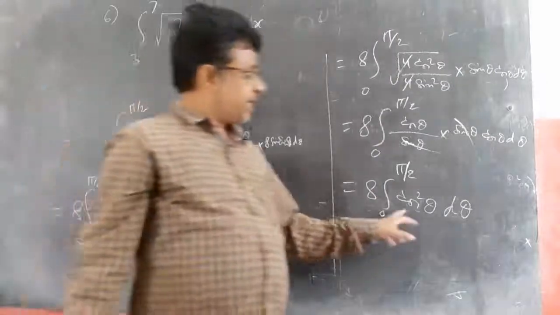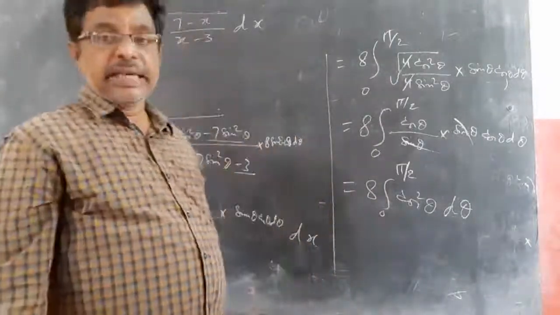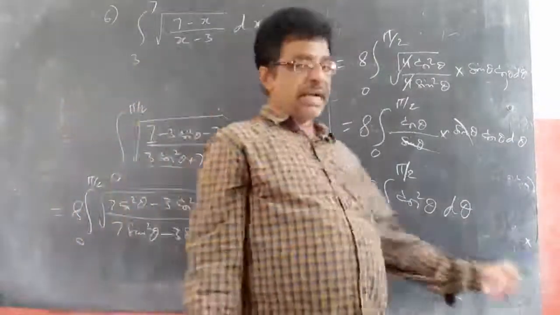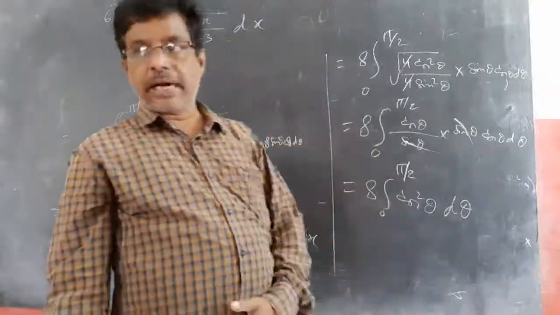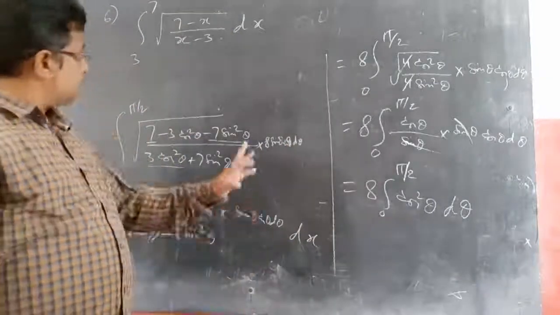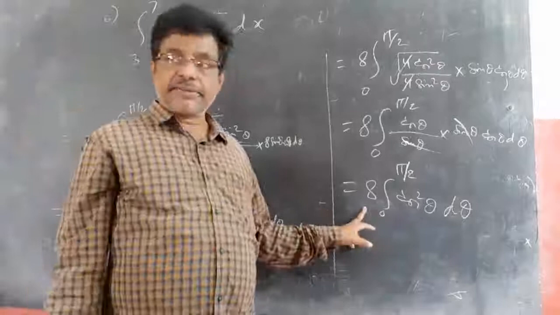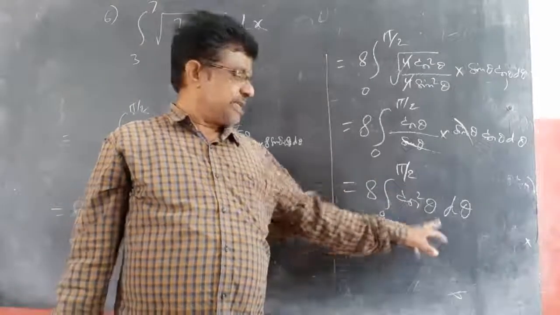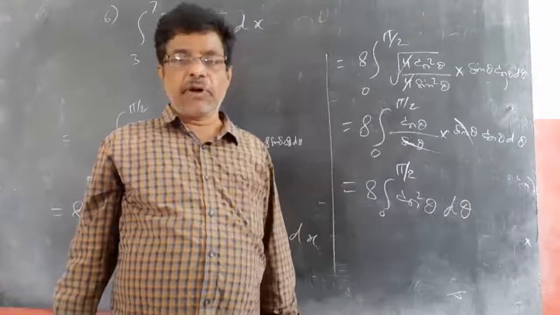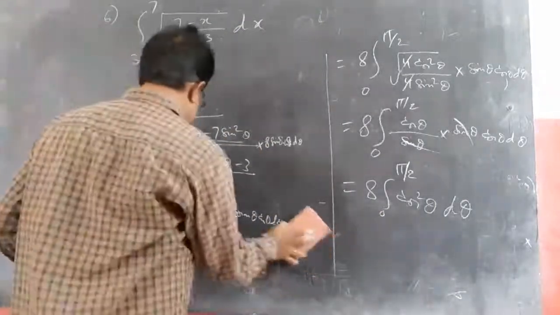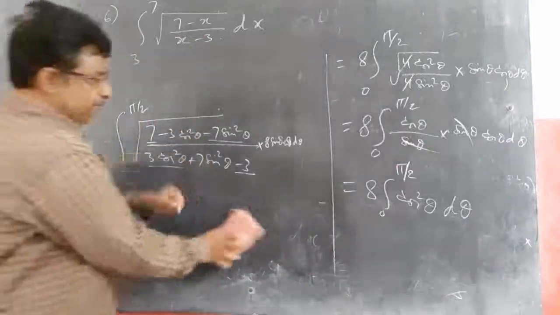From here you can find the integration very easily. How can I find? There are two ways. Cos square theta you can write as 1 plus cos 2 theta by 2. Rather than that, simpler than that is, I will take this as I. Integral of 0 to a f(x) dx equals integral of 0 to a f(a minus x) dx. The second property I will use. So using the property, integration of this part is very easy.